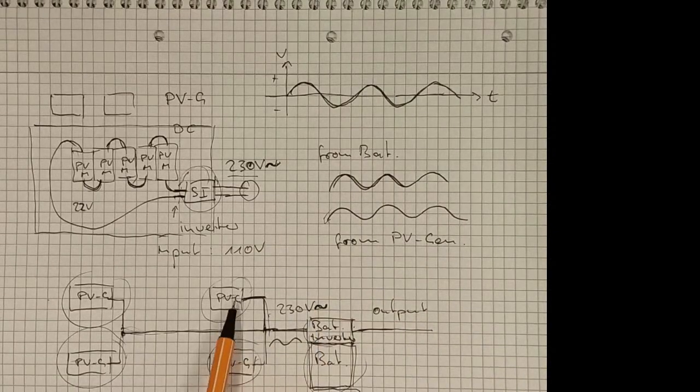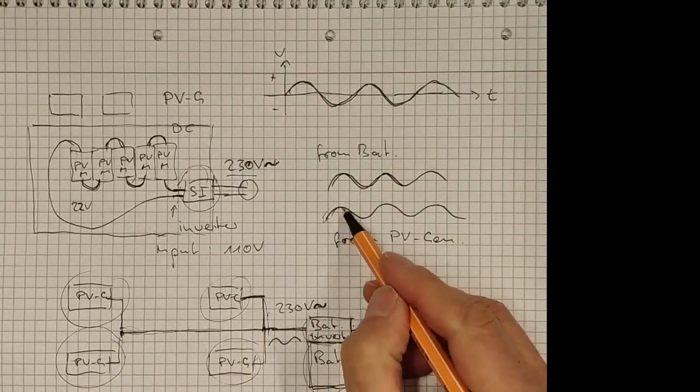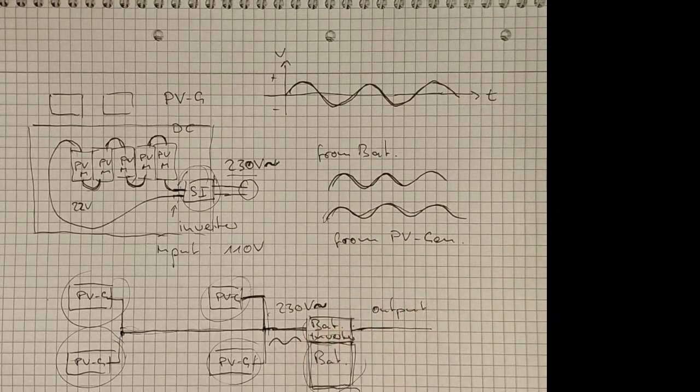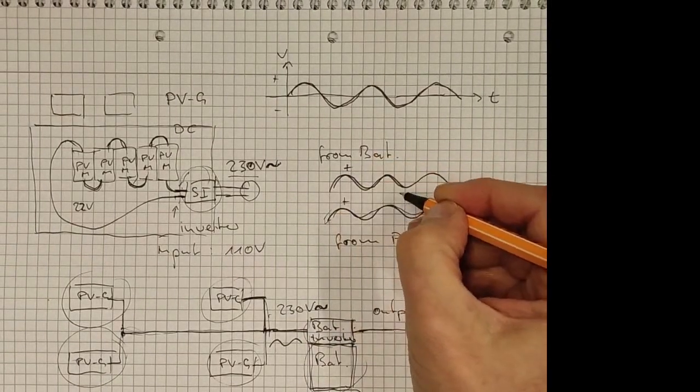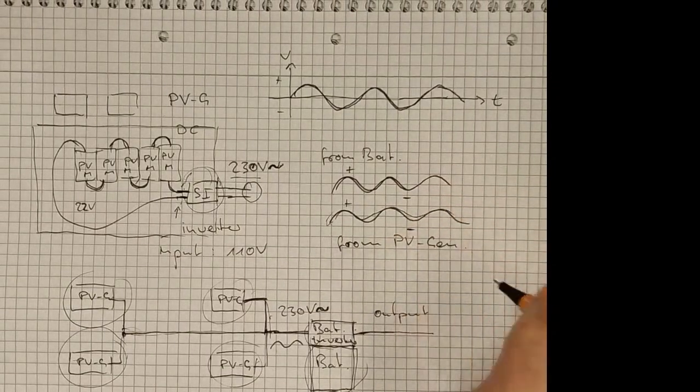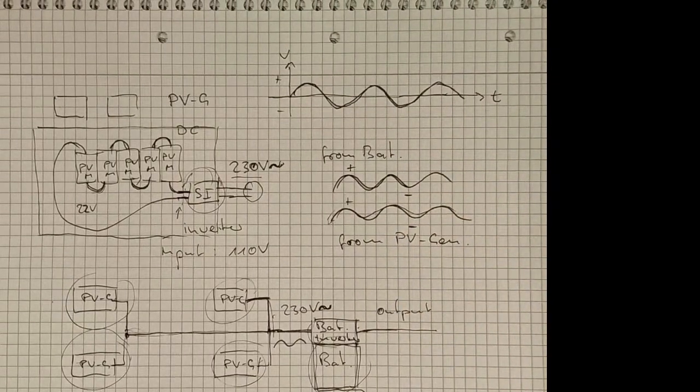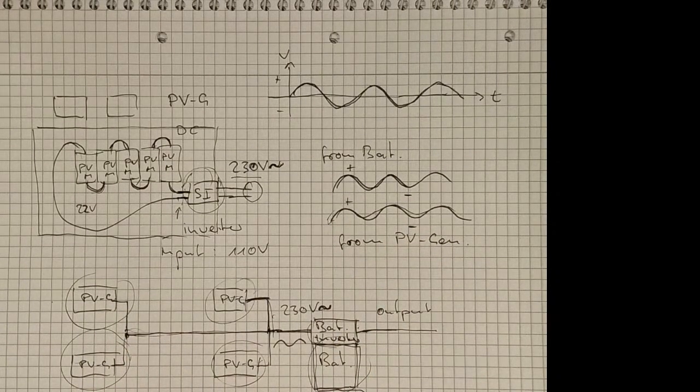But it's not so easy to really combine these power generators, because they have to feed in the power in phase, right? That means when this here is plus, this also has to be plus. And if this is minus, this also has to be minus, because otherwise you would counteract the power and you would dissipate the power basically in the system instead of being useful.